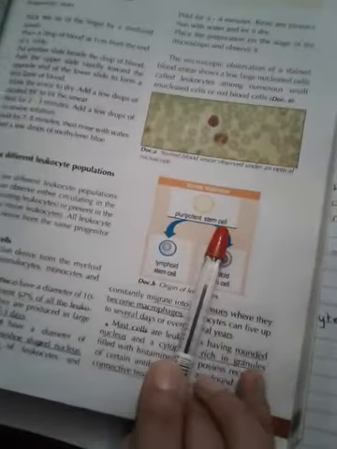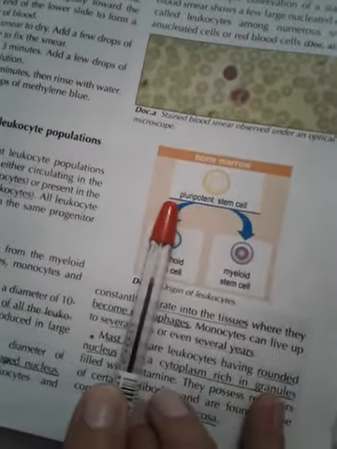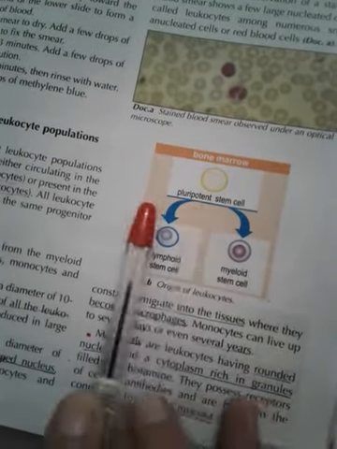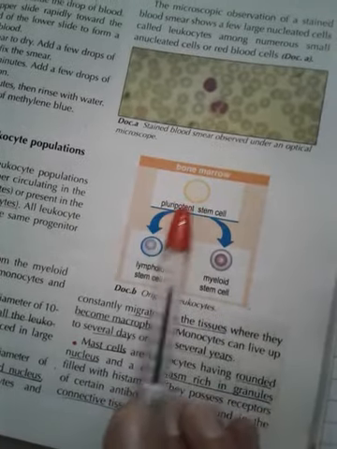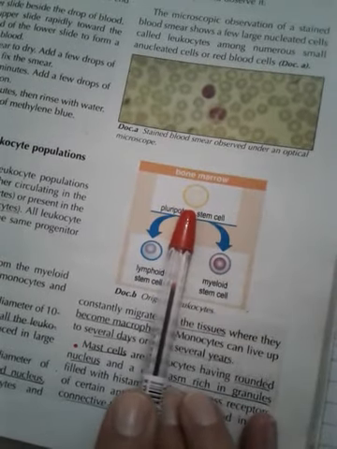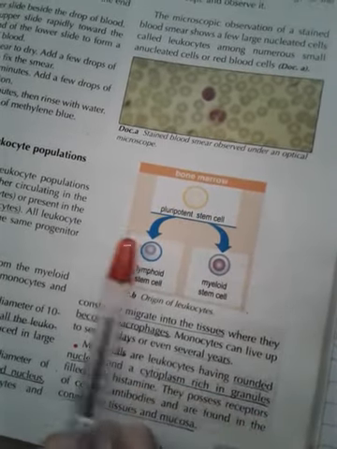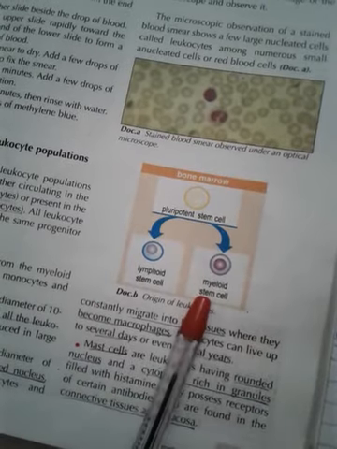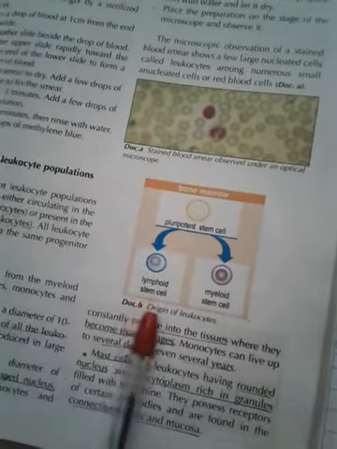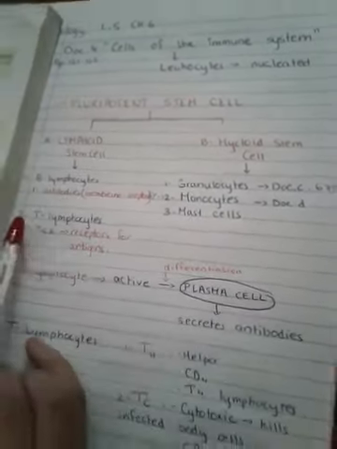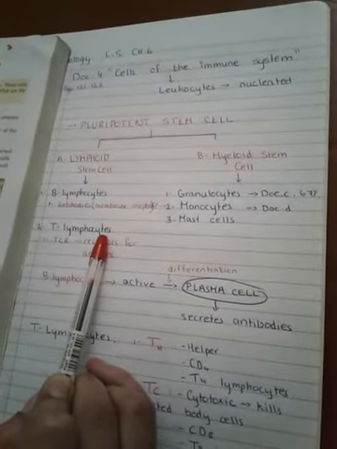Okay, they all originate from the same stem cell, a stem cell known as the pluripotent stem cell. This pluripotent stem cell could go into two different directions. It either goes to the lymphoid stem cell or the myeloid stem cell. If it was going to the lymphoid stem cell, the resultant would be a B lymphocyte or a T lymphocyte. So it differentiates, okay?